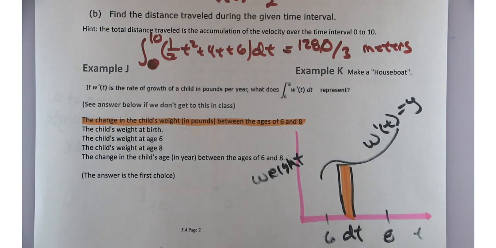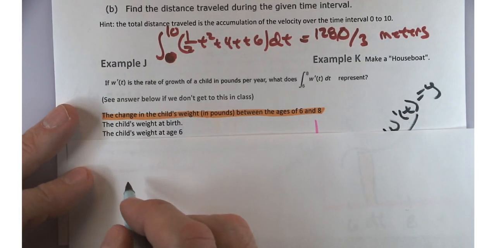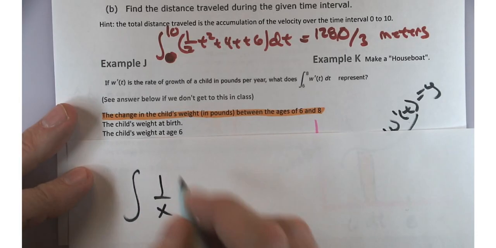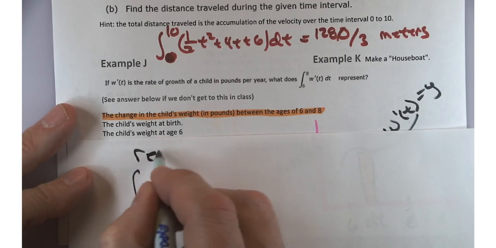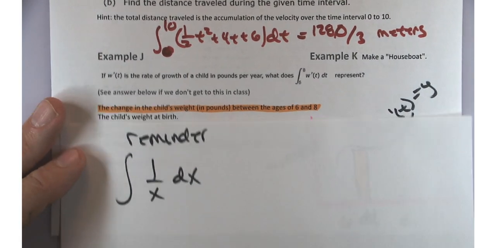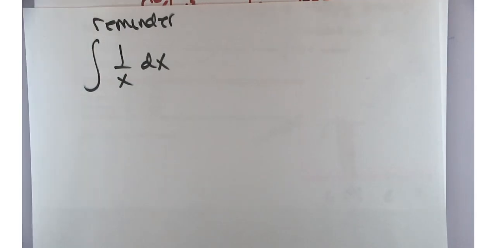All right, last one. A houseboat. So let's see if we can't make a houseboat. And let me remind you of this thing right at the start. So, reminder. What do I get when I integrate 1 over x?